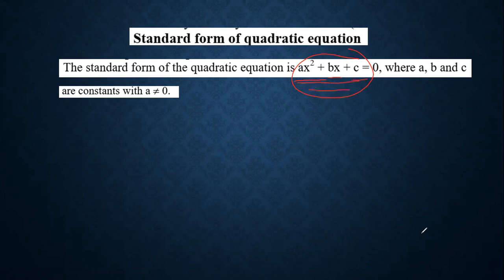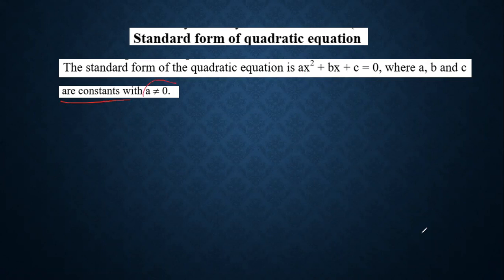This is the general quadratic equation, sometimes known as the standard form of the quadratic equation. This is the equation which we compare with other equations, and then we can decide whether it is quadratic or not.